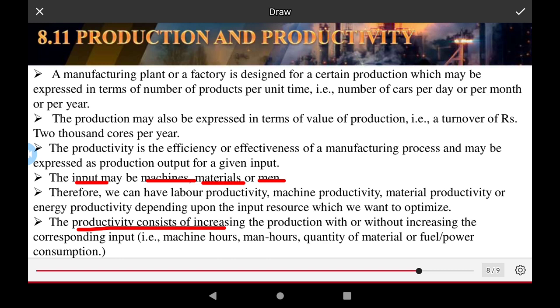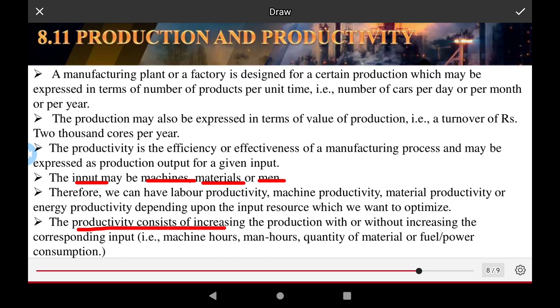The inputs are machine work in hours, man work in hours, and quantity of material or fuel, power consumption, etcetera, in the production system.